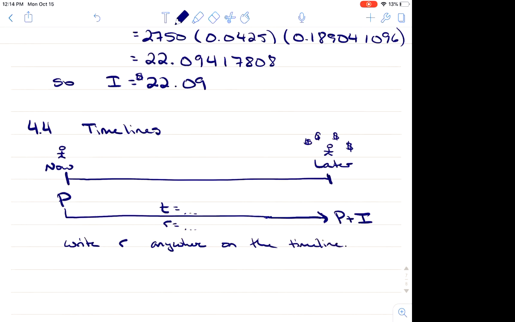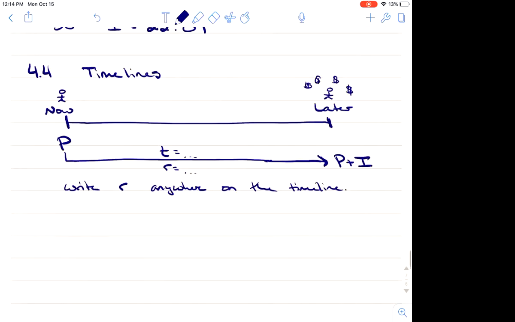So we said that later is called the maturity date, right? So it sits there until some maturity date, and that's just the end of the investment.